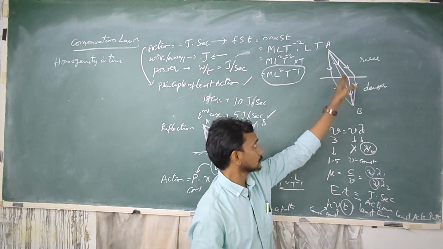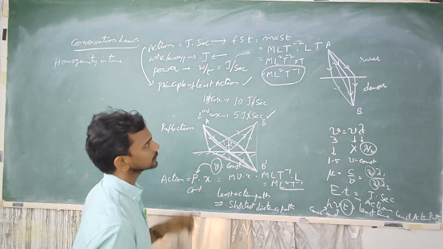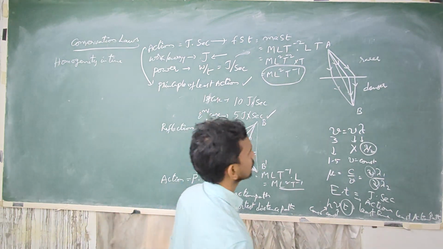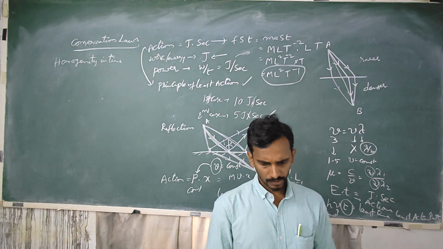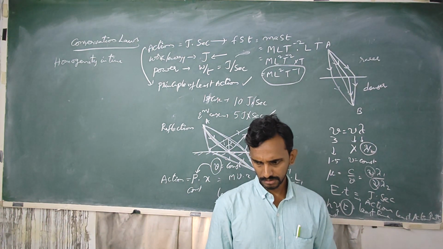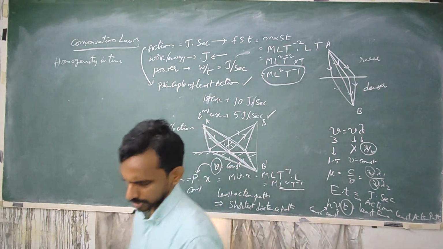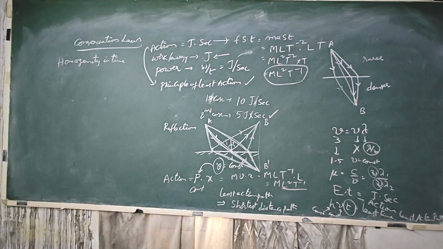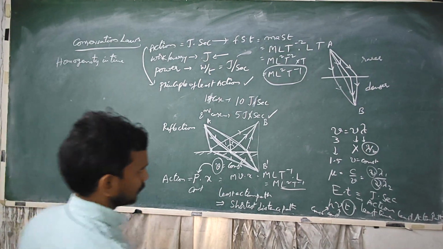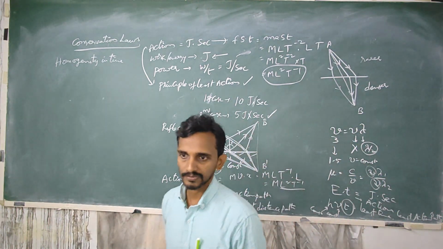So if you calculate the time of travel between those 2 points from A to B for the best choice, you can find this in your book. You can see the derivation in H.C. Verma's Concepts of Physics.